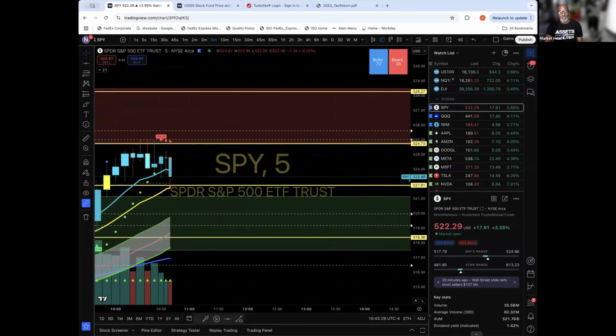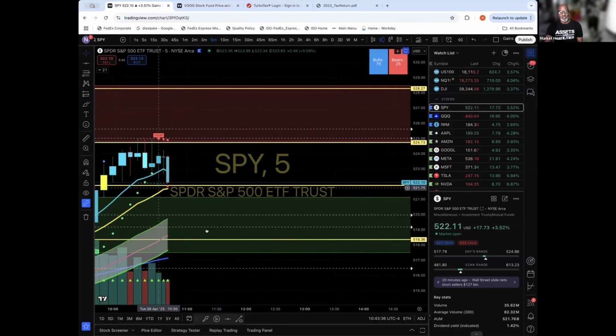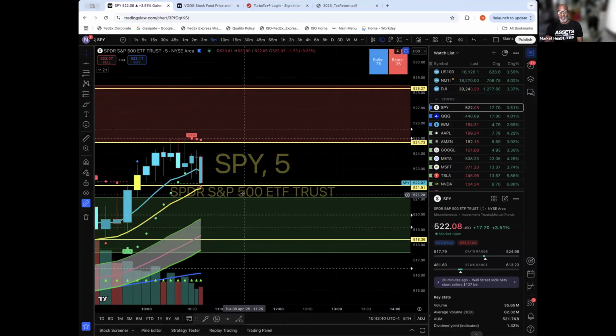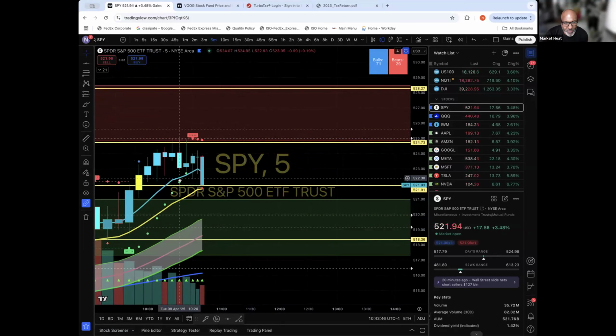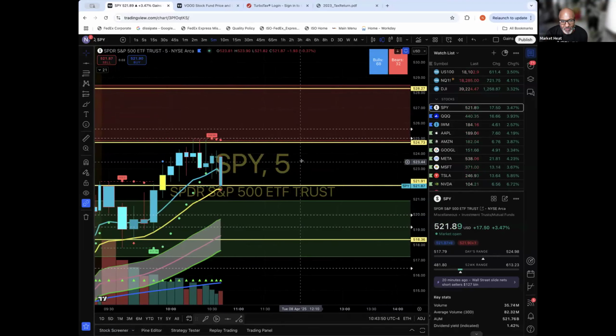If SPY breaks that level, it had to touch here, that 521.90, and that's what it did, right? It hit that 521.90, and it looked like it's maybe going to reject. But because I see this green line, that's telling me that it may consolidate. Maybe, just maybe.